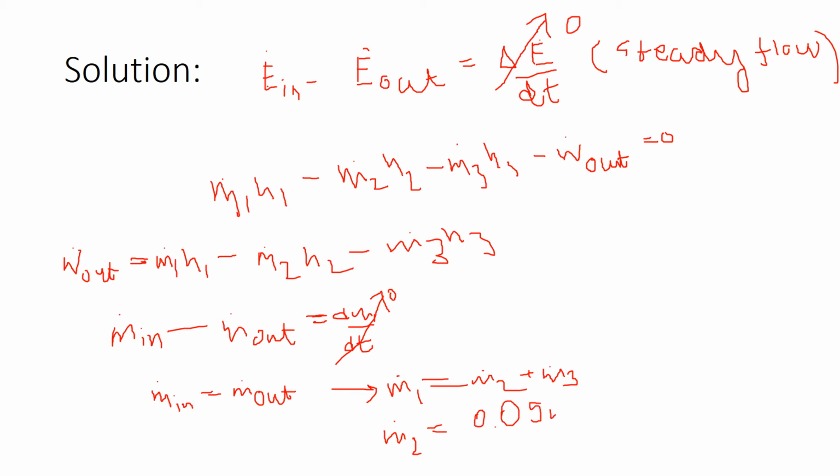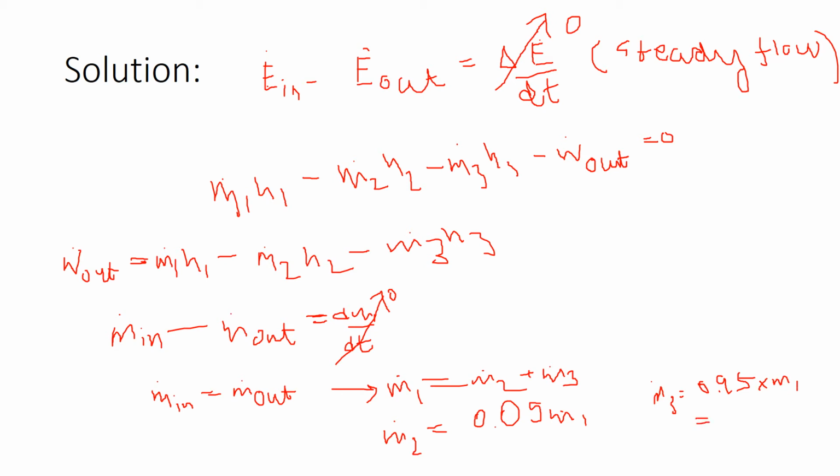Similarly, m dot 3 is, if 5% is gone here, what is remaining? We have 95% of m dot 1.